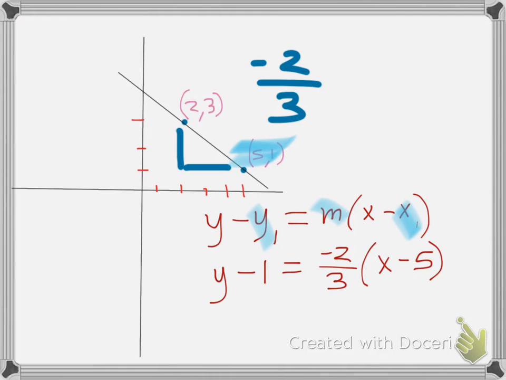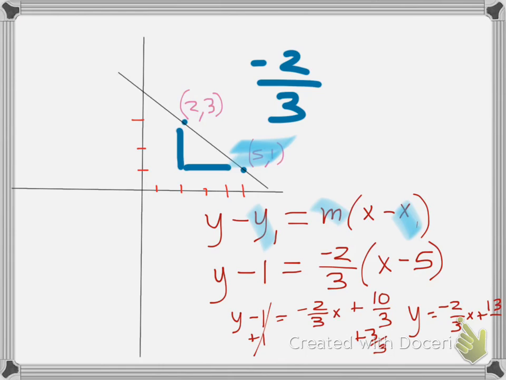If I needed to convert that, again, I'm going to distribute. So it's y minus 1 equals -2/3 x plus 10/3. I'm going to add 1. 1 is 3/3. So it's going to be y equals negative 2/3 x plus 13/3. Point-slope form.